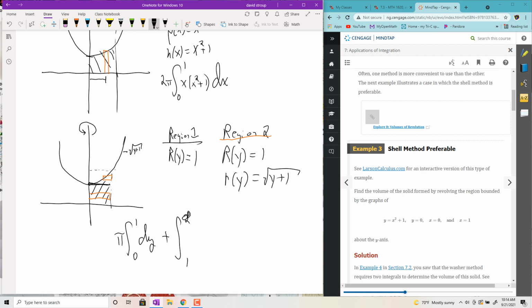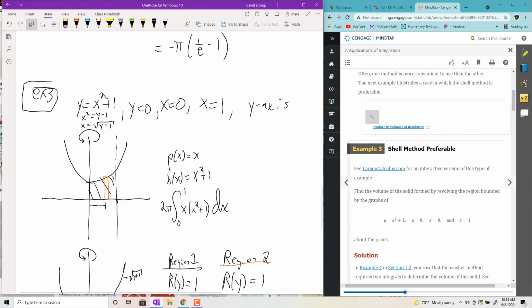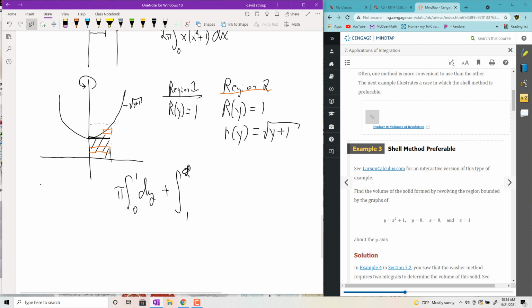Well, let's see. Yeah, just put in 1 for x. So that'll be 2. Well, I'm going on the y-axis, so is it?